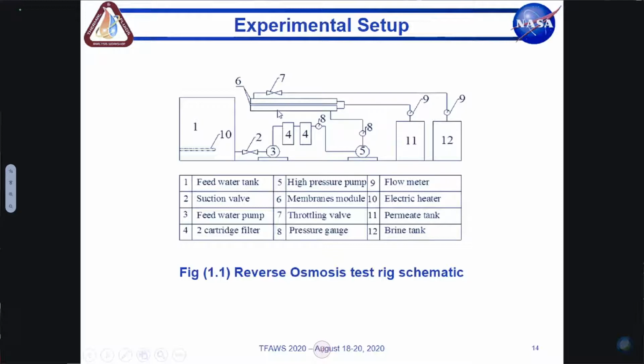After that, it will pass through 2 cartridge filters and a pressure gauge to a high pressure pump of a piston type. It gives about 10 liters per minute to the membrane module.